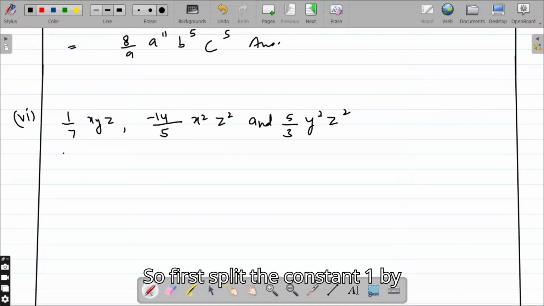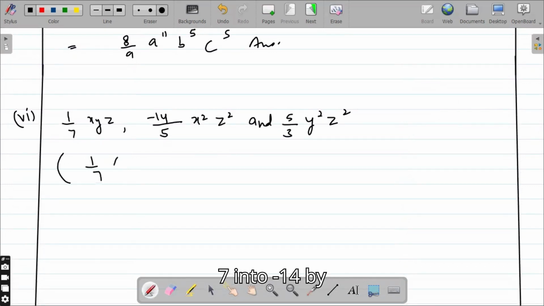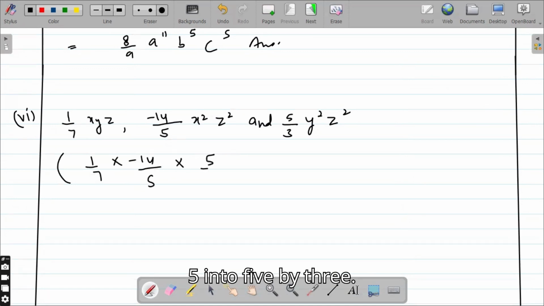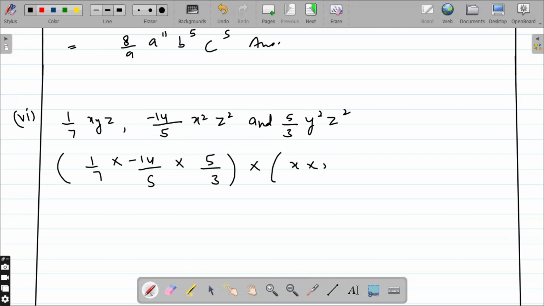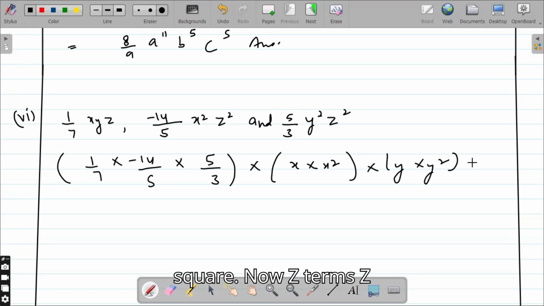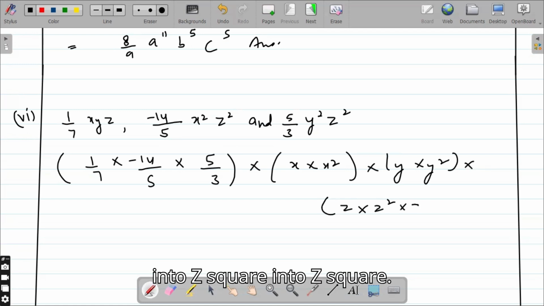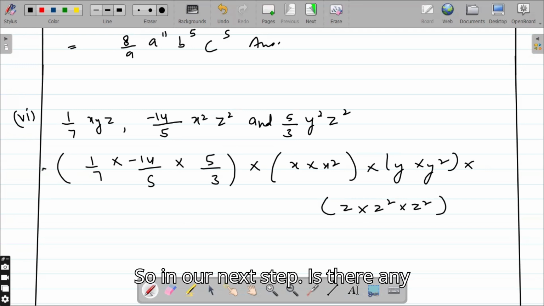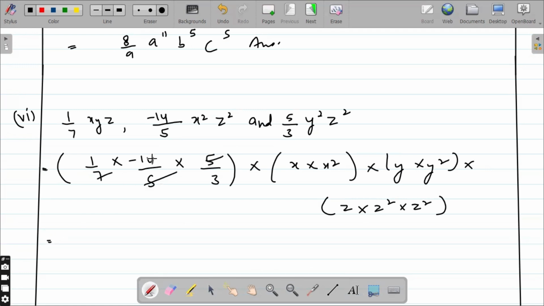First split the constants, 1 by 7 into minus 14 by 5 into 5 by 3. Now x terms, x into x square. Now y terms, y into y square. Now z terms, z into z square into z square. So in our next step, is there any cancellation? Yes.